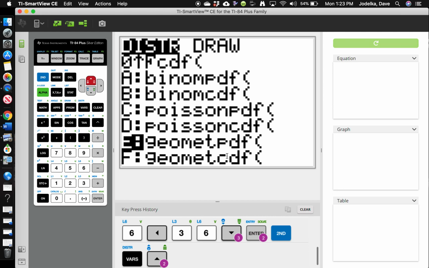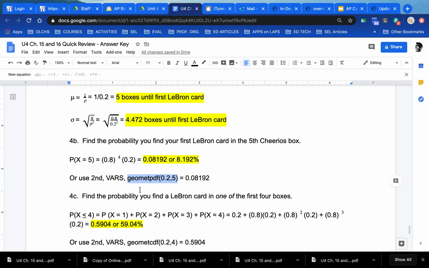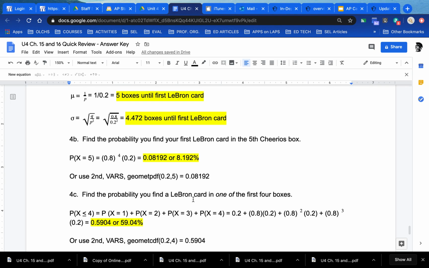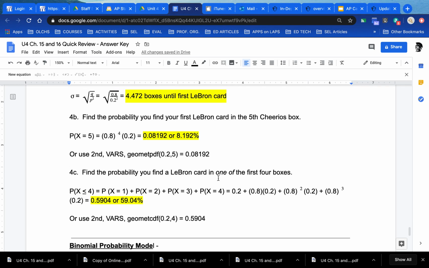That's when it says something like at least or up to or at most in the context of the problem. So by picking PDF here, because it was specifically on the 5th box, I get the same answer. In the next one, it says what's the probability it was in one of the first 4 boxes. That's another way of saying it took at most 4 boxes or up to 4 boxes.